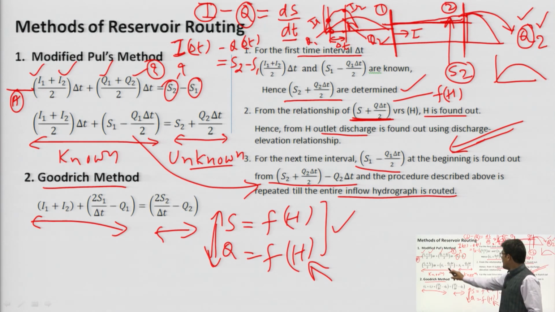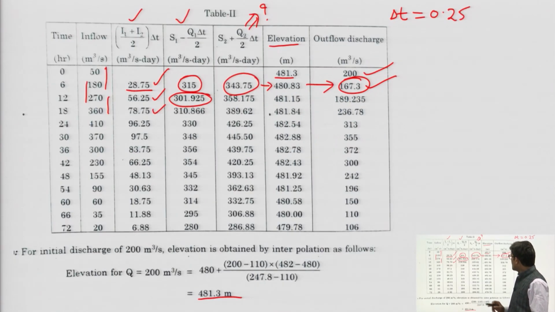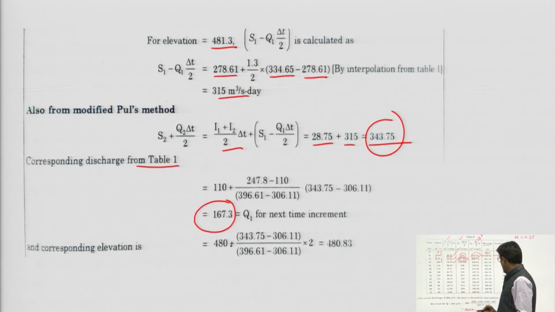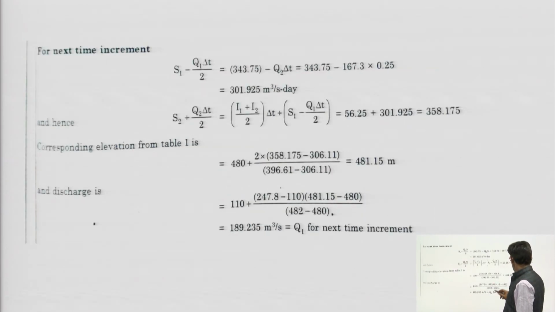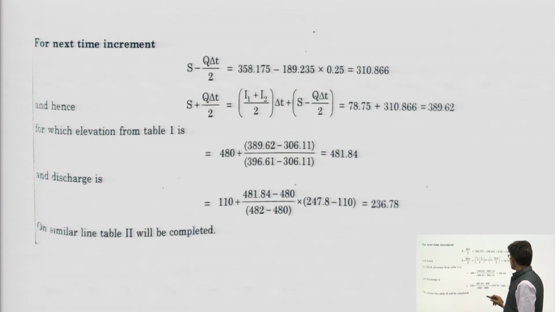Means S1 plus Q1 into del T by 2 will be calculated by S2 plus Q2 into del T by 2 minus Q2 del T. That parameter will be calculated. So 301.925 has been calculated.